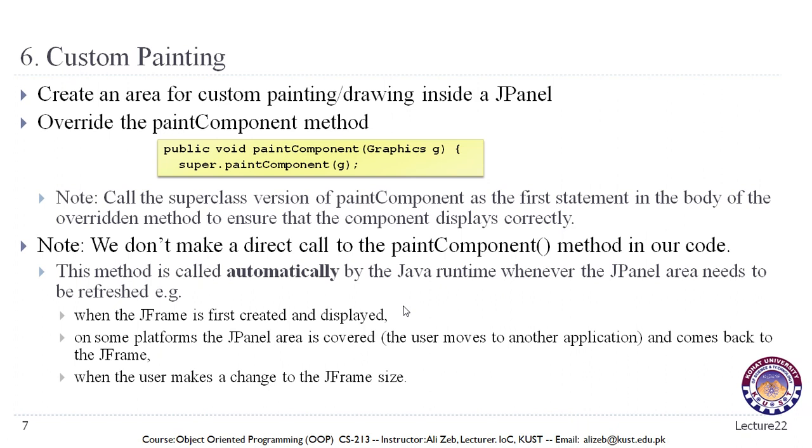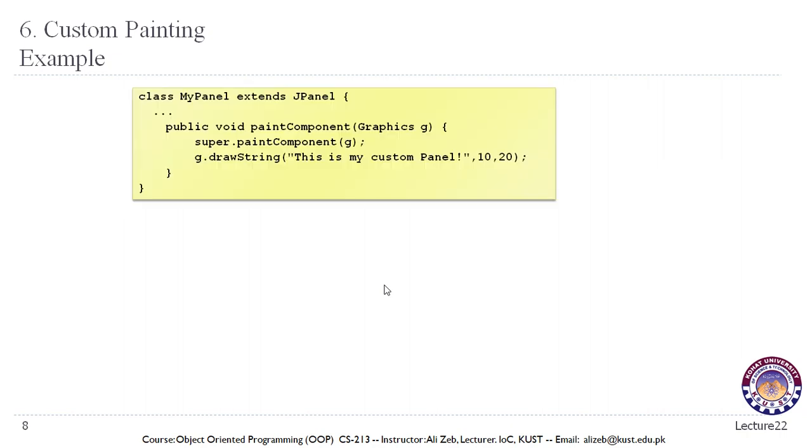Or when the user makes a change to the JFrame size, this method is called automatically to refresh the painting area.